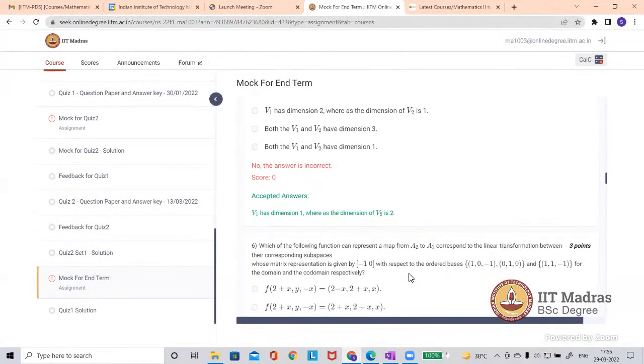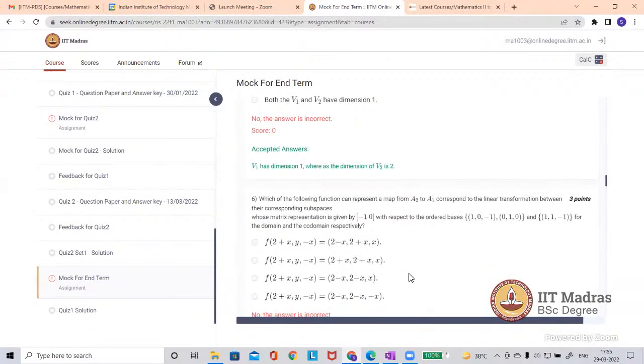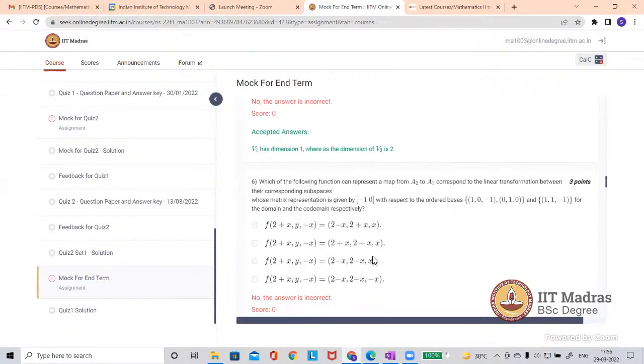Okay, and in the fifth also, the next question asks about the linear transformation. Again, you can see there is a 2 plus V kind of thing. On the left hand side it was a 2 0 0 vector, so V is given, not 0 here. So here you can assume X, Y, and this one.